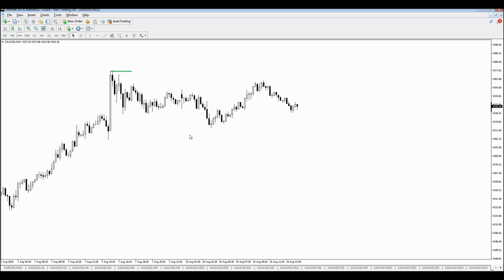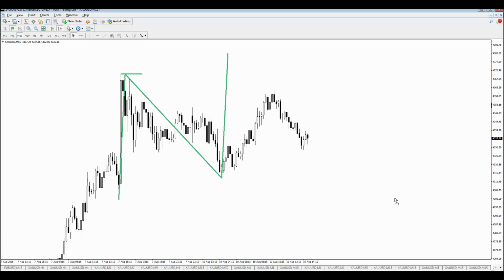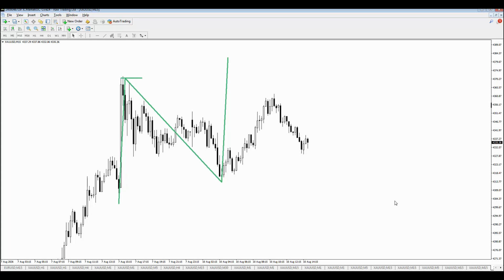The answer is I can't really see an ABC pattern there, but maybe you've got better eyes than I. Maybe you could say, well, this is your AB, and then you've got your BC down to here, and that would mean you would have a pattern completion somewhere up there. Now we know that the patterns don't always go to the 100% level. Sometimes they fail at 88%. Sometimes they fail at less. Sometimes they go a little bit further.